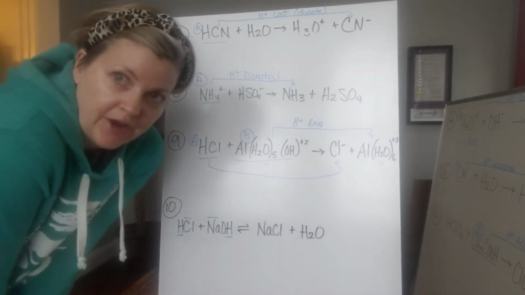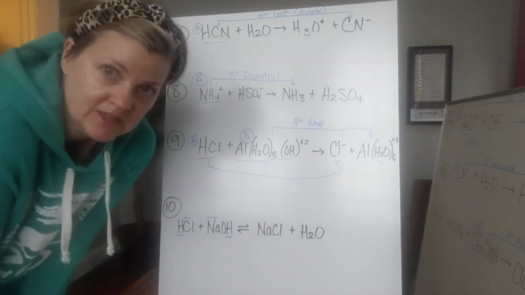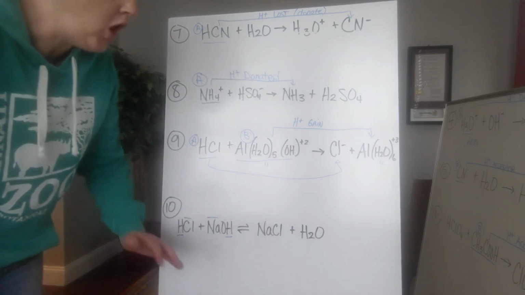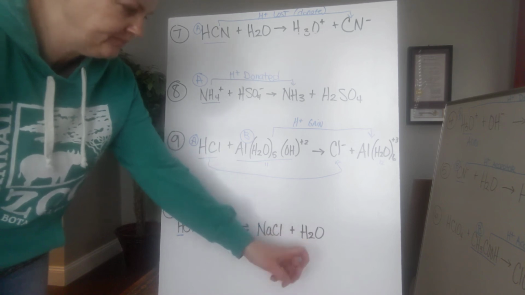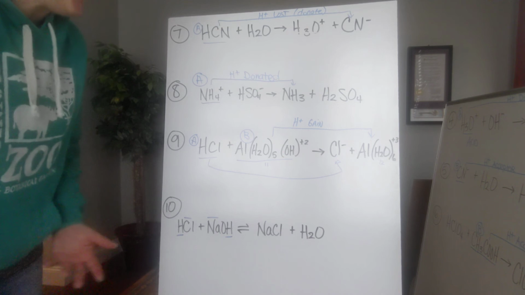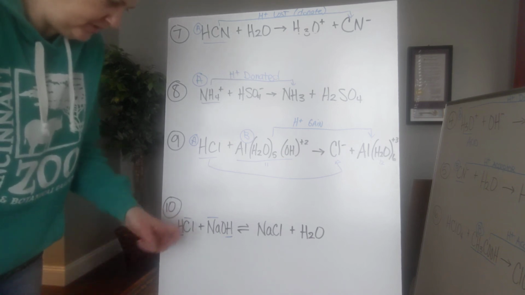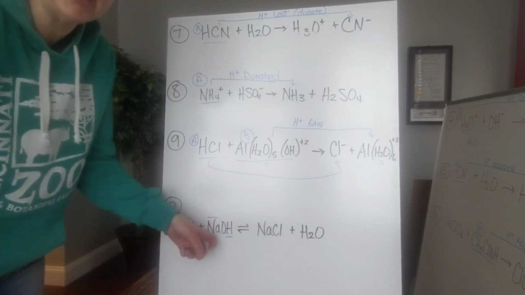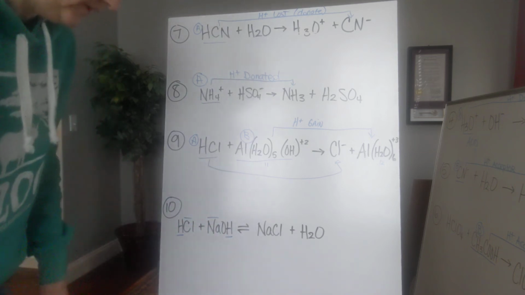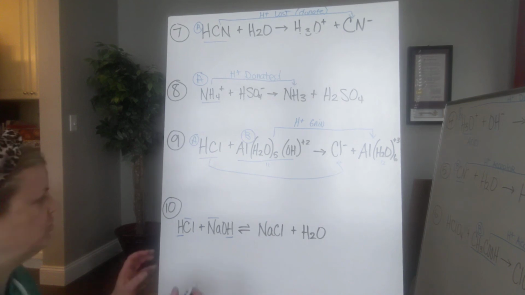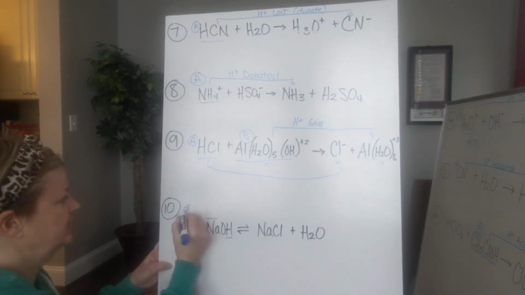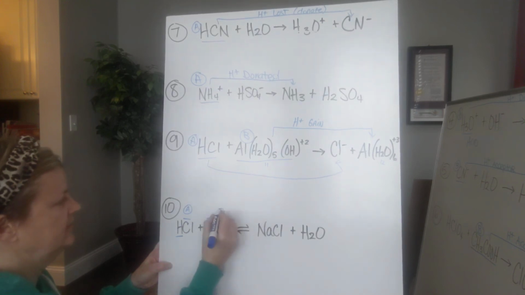But we already know that we have an acid and a base, and an acid and base neutralization reaction always makes water and a salt. I just wanted to point that out. But you already know in this one, this one's an acid, this one's a base. So heck, you can go ahead and mark those. That's your acid, that's your base.